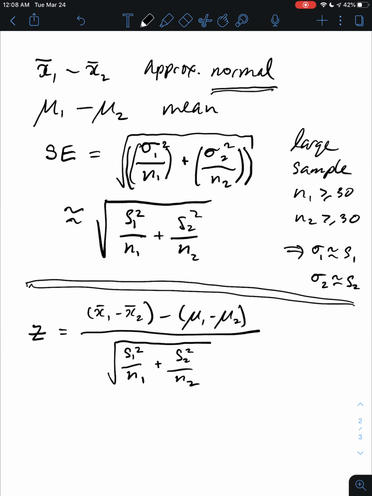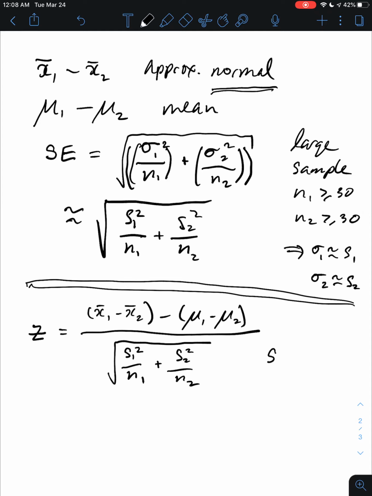And this will enable us to solve problems applying to the difference between two population means.